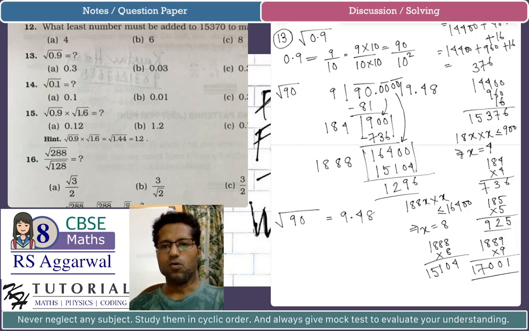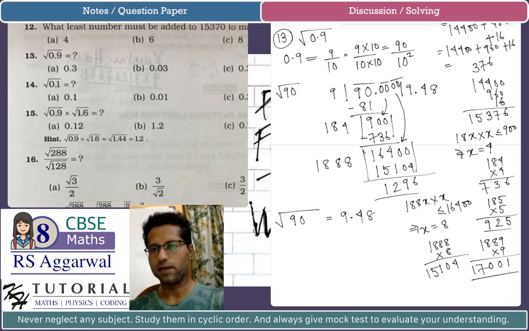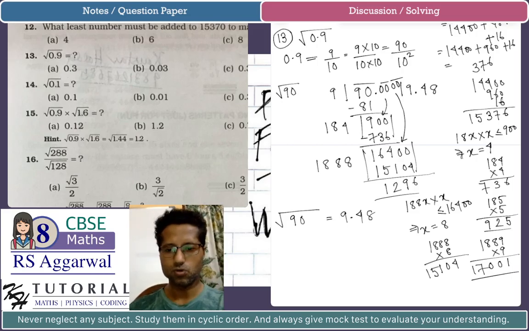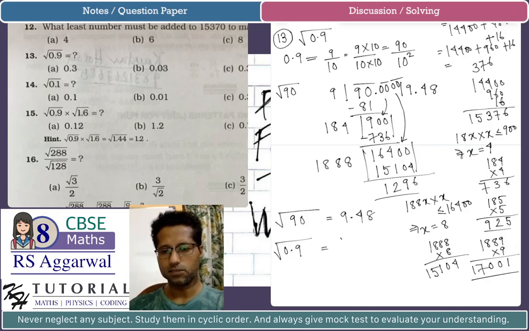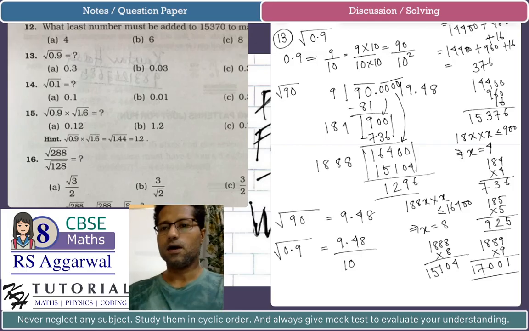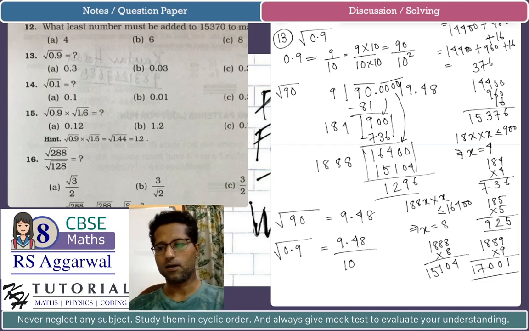9.48. Okay, now this was the square root of 90, but remember the given number was 90 by 10 square. So the square root of the actual number 0.9 will be the square root of 90, that is 9.48, divided by 10 to the power 2 divided by 2.